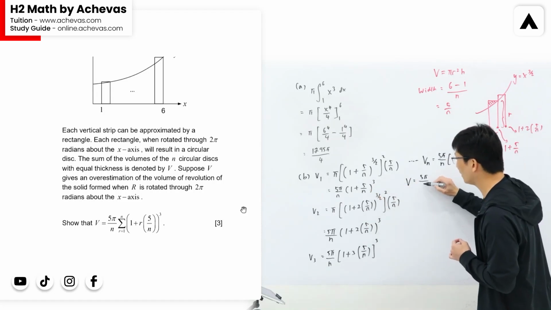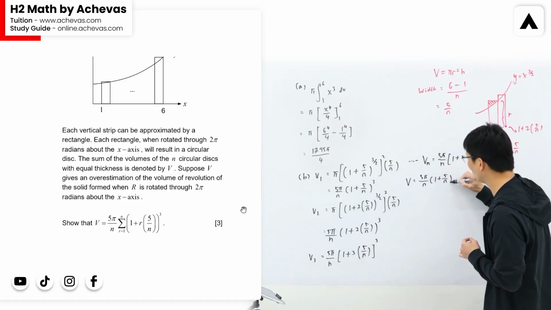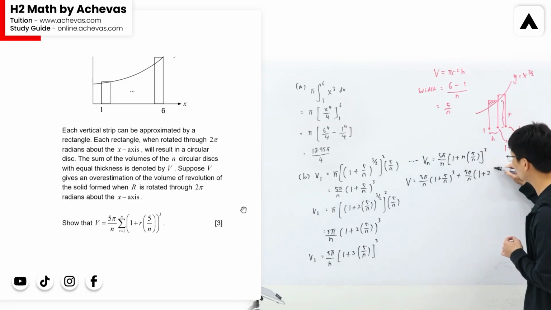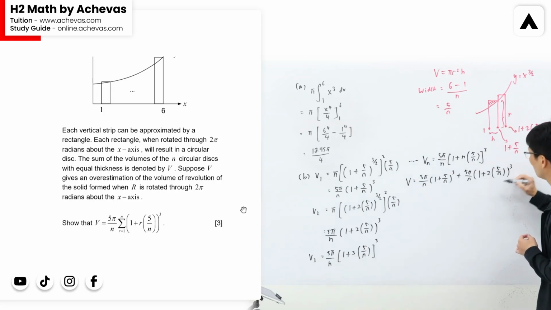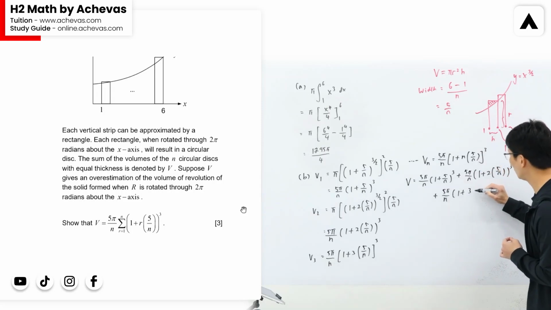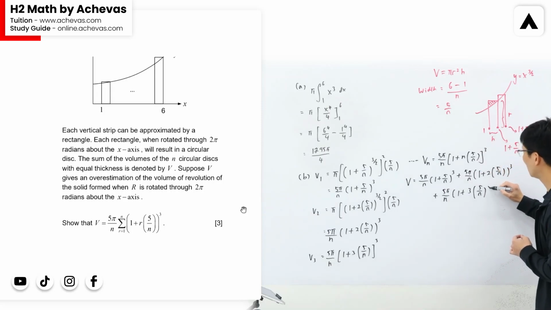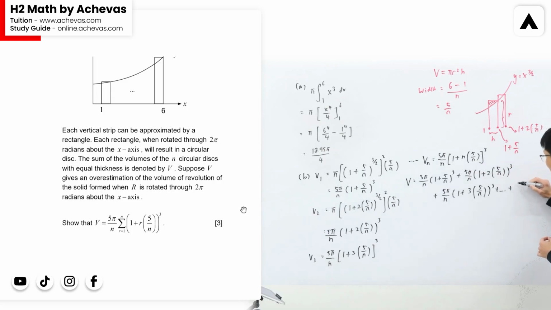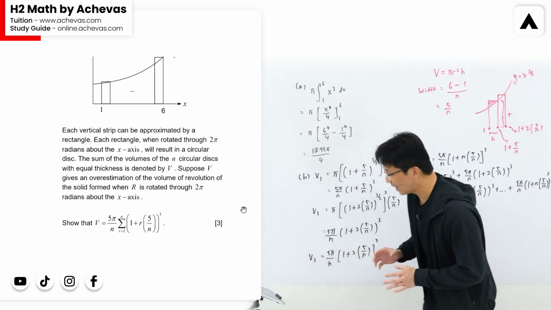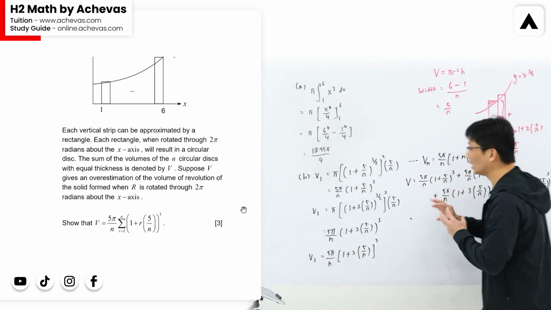5 pi over n, 1 plus 5 over n cubed, plus 5 pi over n, 1 plus 2 bracket 5 over n cubed, plus 5 pi over n, 1 plus 3 bracket 5 over n cubed, until the last one, plus 5 pi over n, 1 plus n bracket 5 over n, and this is a cube. The next step is to condense this entire expression into a summation.